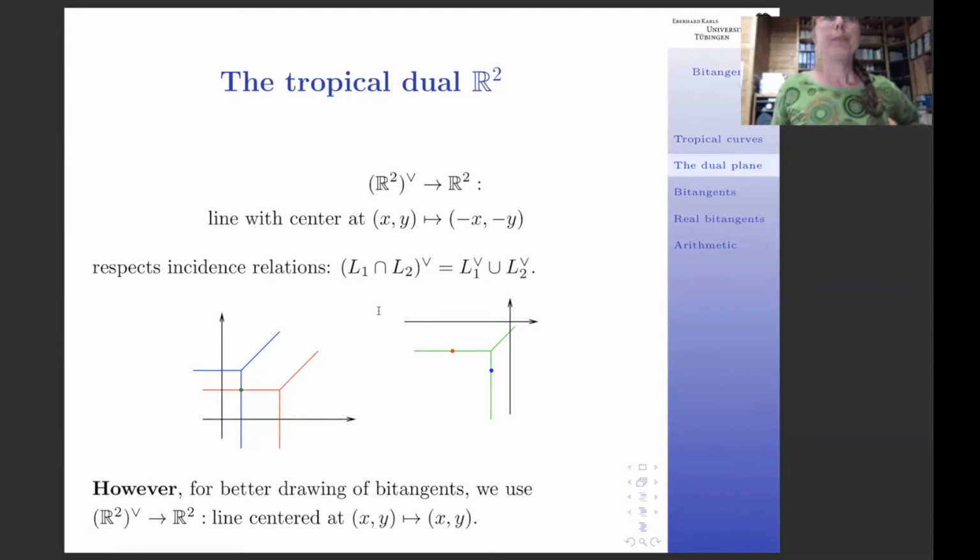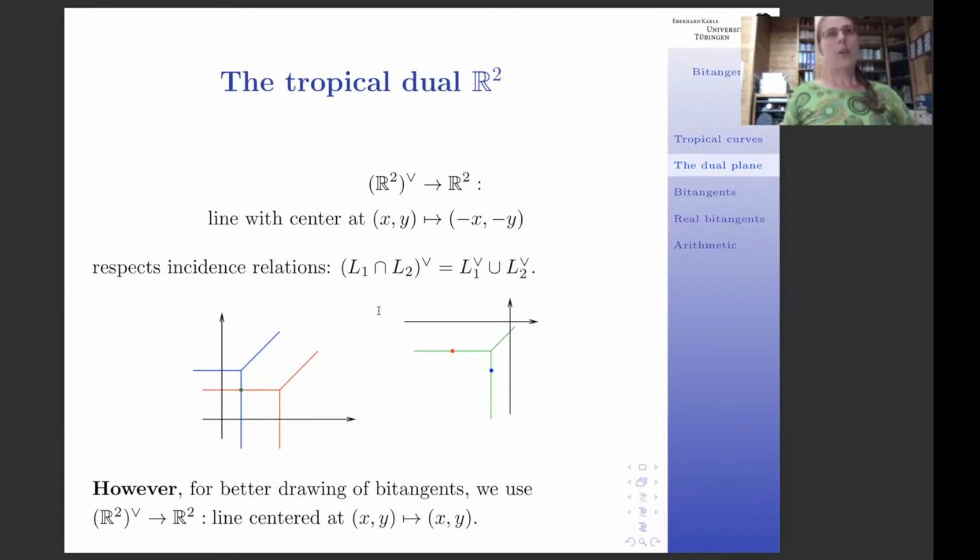Okay, let's speak shortly about the dual of the tropical plane. I think you're all familiar with the dual of the projective plane, consisting of lines in the original plane. And since we're going to speak about tangent lines to curves, bitangents in particular, in a bit, speaking about the dual plane is very useful, of course.